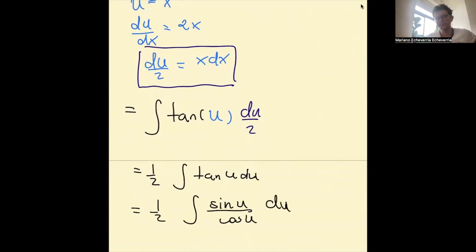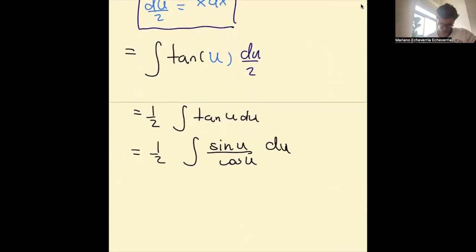And now it's the same idea. You make a substitution. It's just a little bit weird to call the substitution u again because you're already using that letter, so it's better to use a different letter.